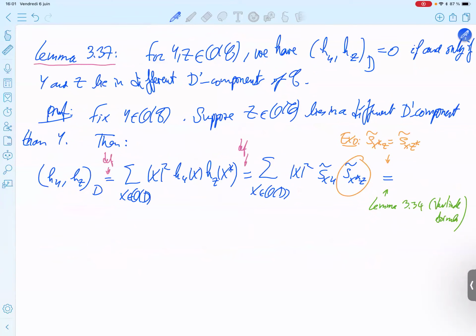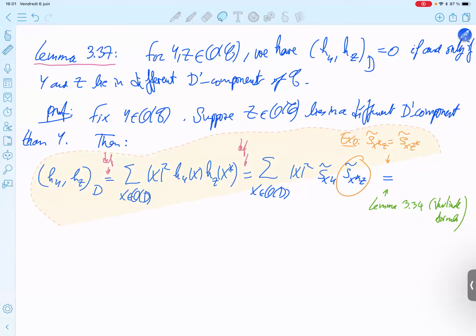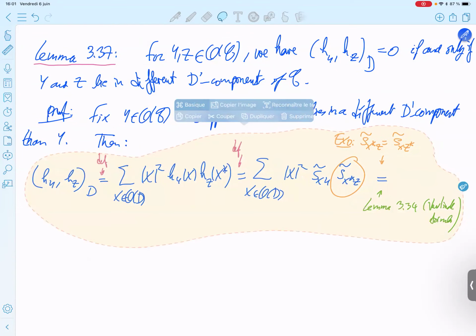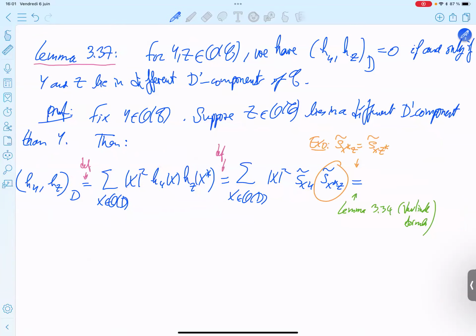Let me try to move everything a bit. That should be enough. Okay, so sum. You apply the Verlinde formula. Remember the Verlinde formula, you have the same x and x. That's why we need to put the star here.